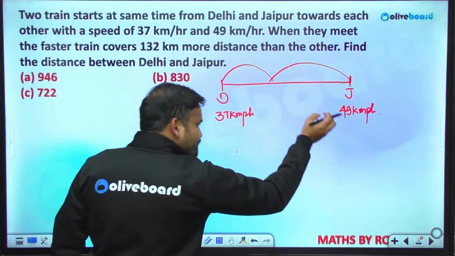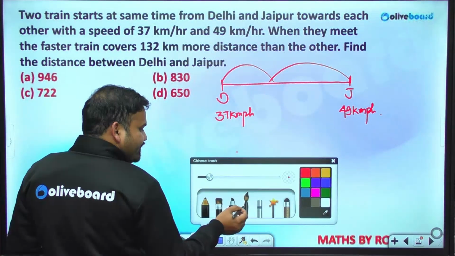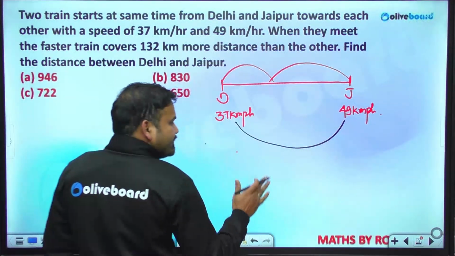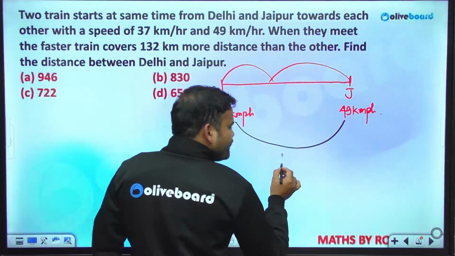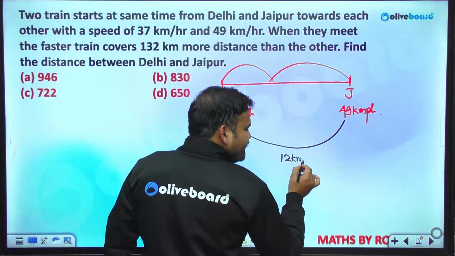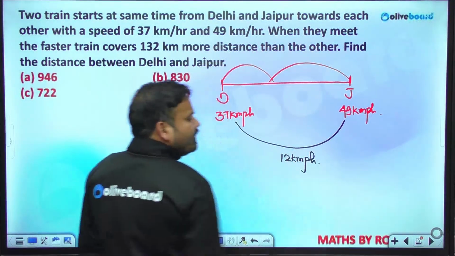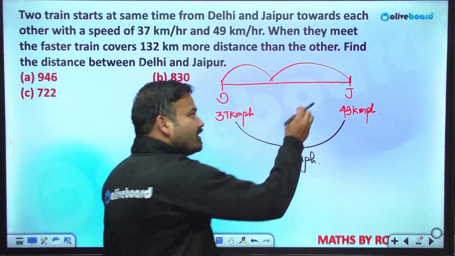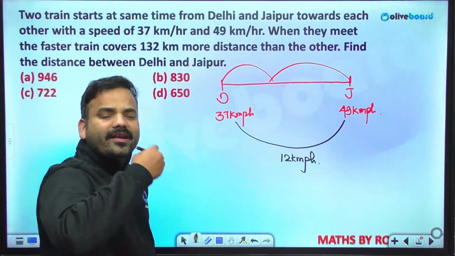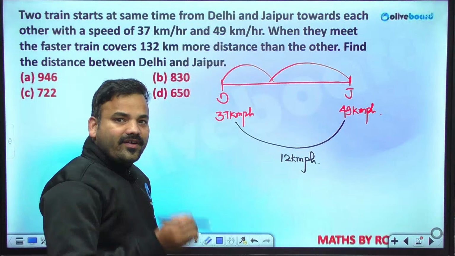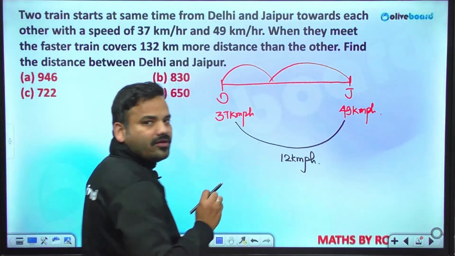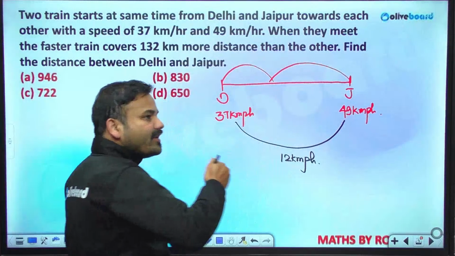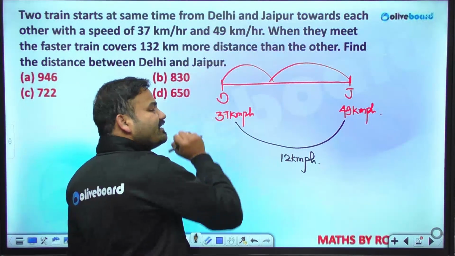Over here the difference of speed is 12 km per hour. That means for each hour this particular train is covering 12 km more. So whenever they are meeting, this train will have covered more distance than the second train.